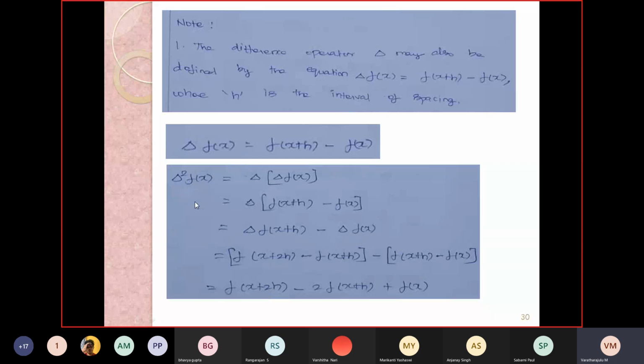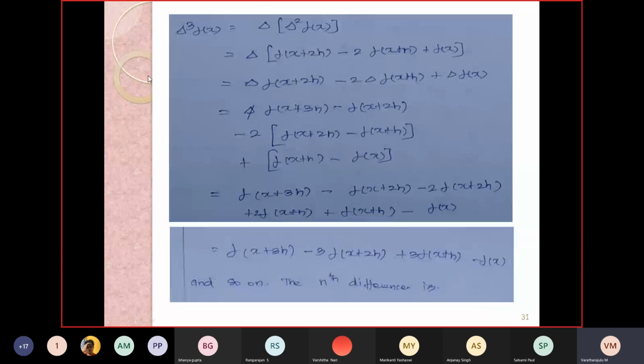Similarly, for the third difference of f of x, we write delta into the second difference of f of x. We have already derived the second difference of f of x. Applying delta over it, I am getting delta into f of x plus 2h minus 2 into f of x plus h plus f of x, and by doing the simple calculation, the third difference of f of x will be f of x plus 3h minus 3 into f of x plus 2h plus 3 into f of x plus h minus f of x, and so on.